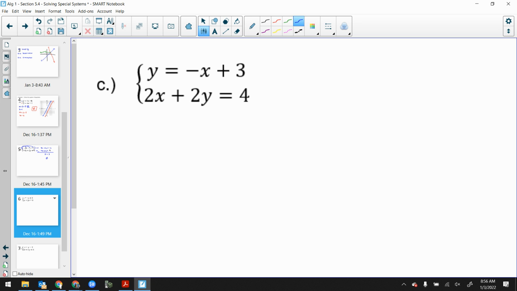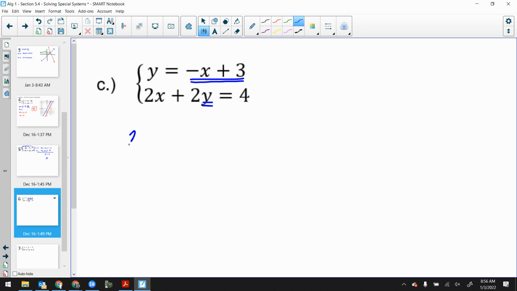Okay, so here's how we do substitution again. Remember, because I have a y equals, I know I'm going to take that y equals and plug it into the second equation. This negative x plus 3, y is equal to negative x plus 3. That's what goes into the second equation. Where does it go? In place of y.